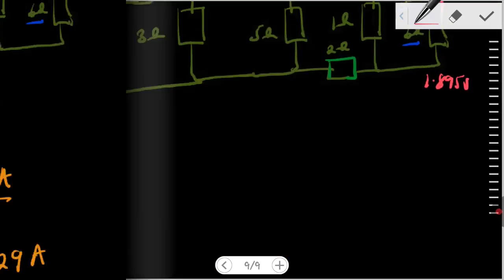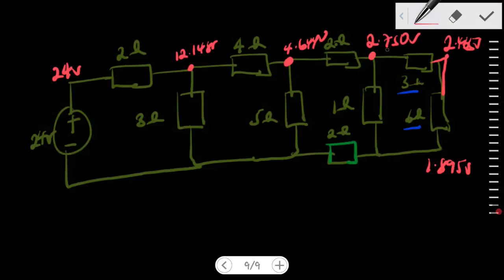The potential at this point was 2.750, so 2.750 minus 0.852, at this point we shall be getting 1.898 volts, right?